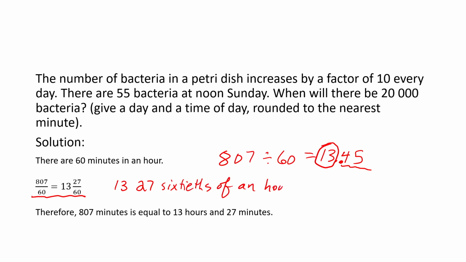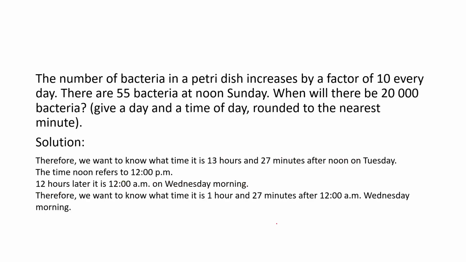So we're saying 13 full hours and 27 60ths of an hour, which is like saying 13 hours and 27 minutes. So now we're basically saying what time is 13 hours and 27 minutes after noon on Tuesday? Well, we know that 12 hours after noon on a Tuesday is 12 o'clock a.m., in other words, midnight Wednesday morning.